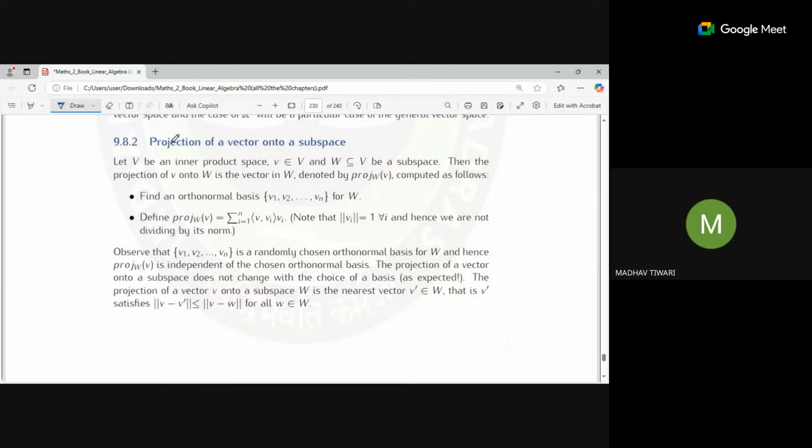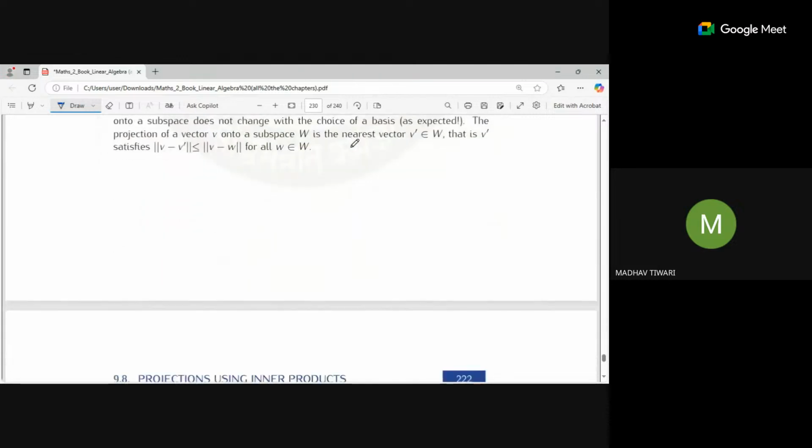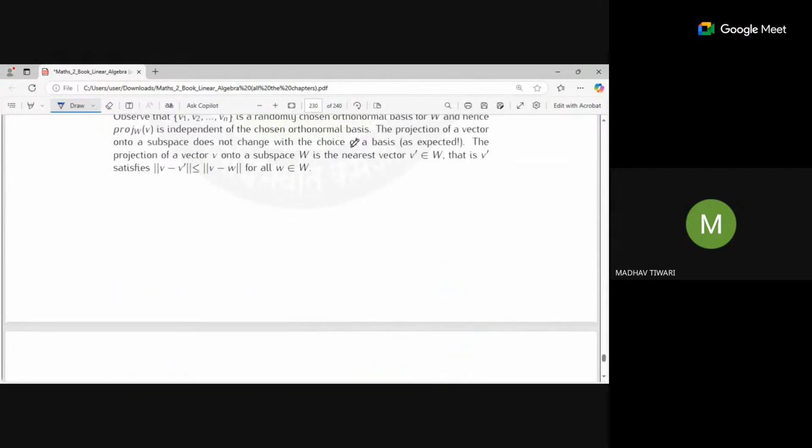So how do we find the projection of a vector on a subspace if the subspace is given? Firstly, we will find its basis, and a basis can have many vectors. Suppose my basis has three vectors inside it, b1, b2, and b3.